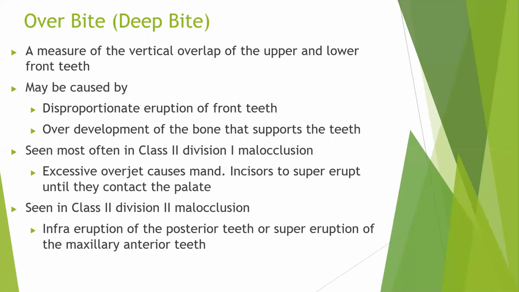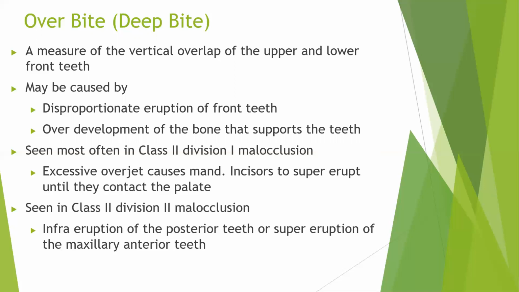A deep bite or overbite is a measure of the vertical overlap of the upper and lower front teeth. It may be caused by a disproportionate eruption of the front teeth or overdevelopment of the bone that supports the teeth, and is often seen in Class 2 Division 1 malocclusion, which is represented by an excessive overjet, which causes mandibular incisors to super erupt until they contact the palate.